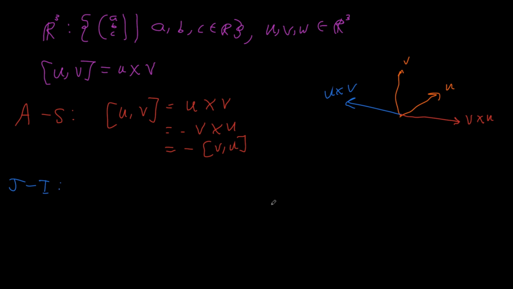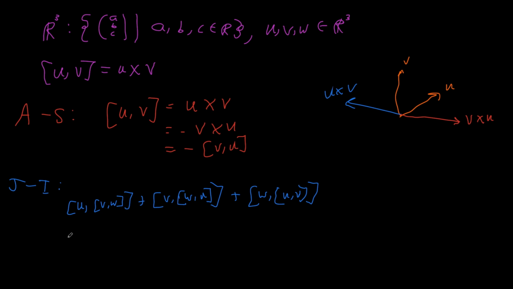For our Jacobi identity, we have U, V, W plus V, W, U plus W, U, V. Now we need to prove that this ends up equaling 0.